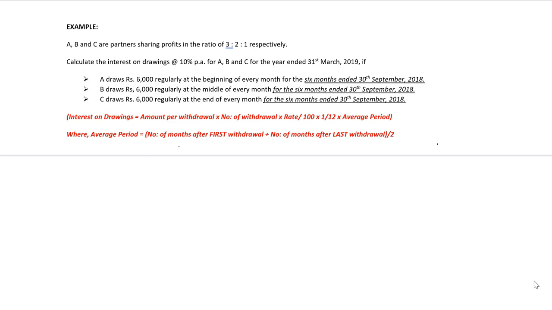In red color, I have given you the formulae for the interest on drawings and also the formulae for the average period. Now if we look into the sum, we can find out that the accounting year is from 1st April 2018 to 31st March 2019 for all the cases.